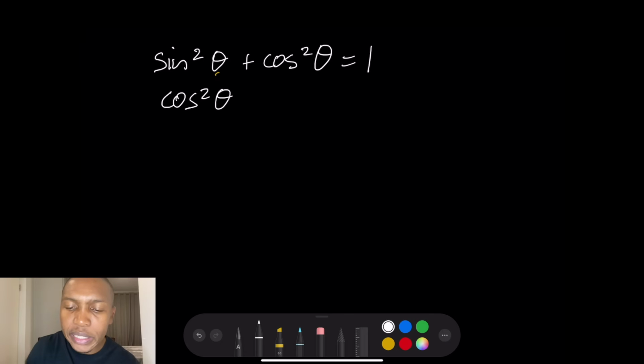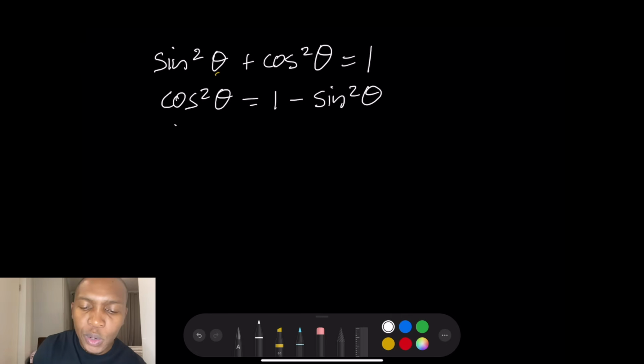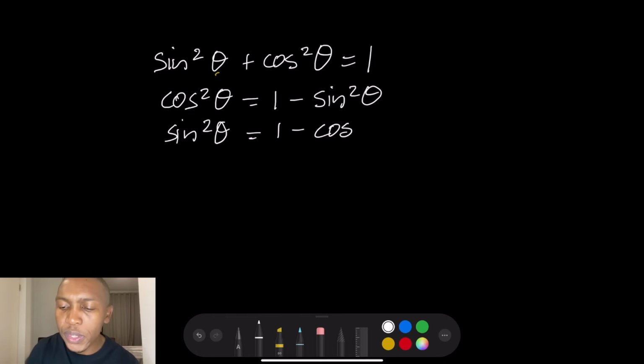In this case, that would be equal to 1 minus sine squared of theta. As well, you can express it as sine squared of theta is 1 minus cos squared of theta.